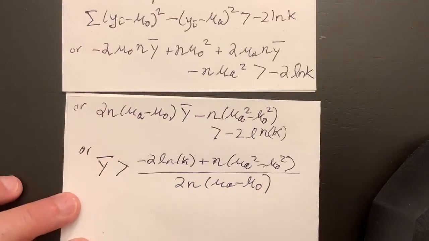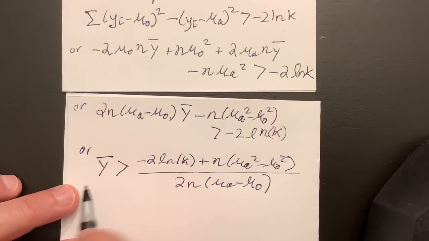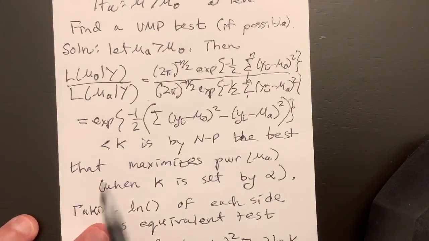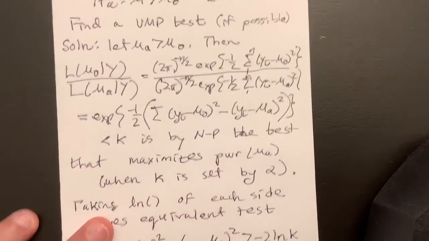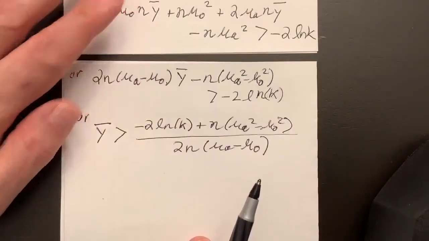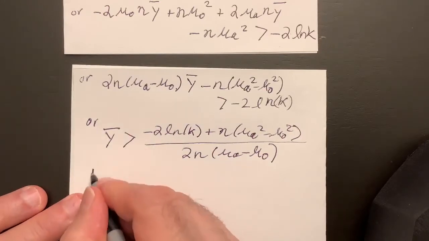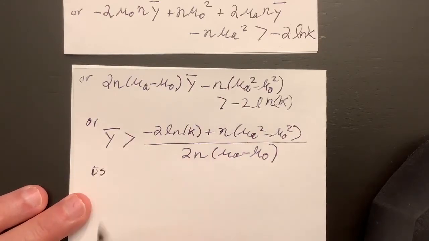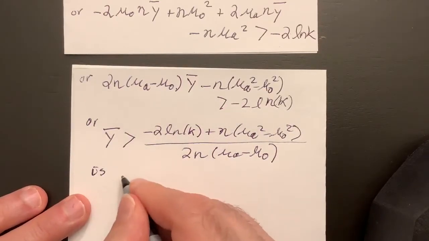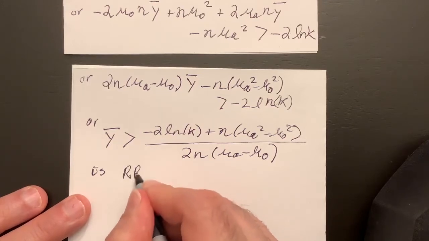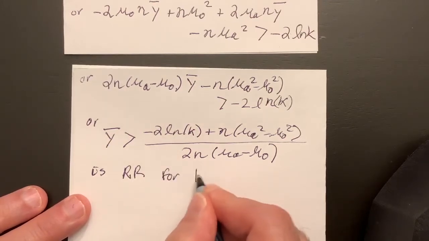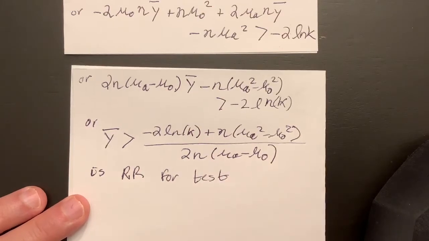So this is the RR. This is the exact same test as this, the same rejection region. This is the RR for the test.